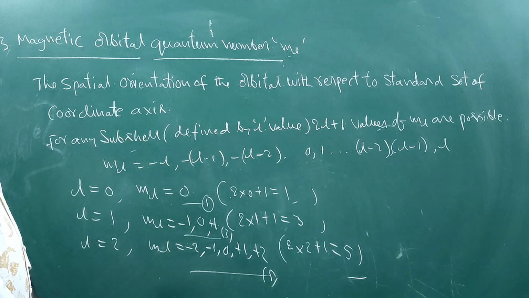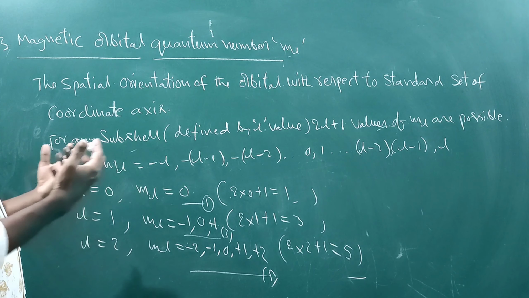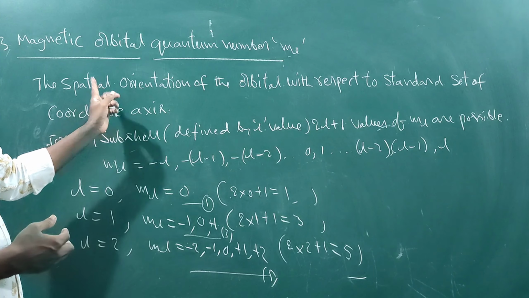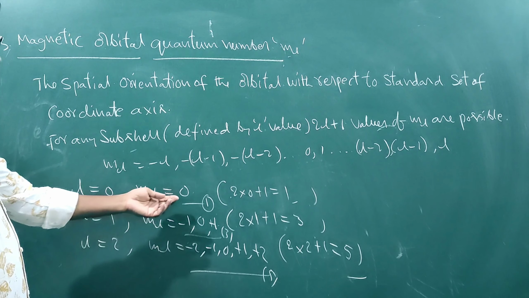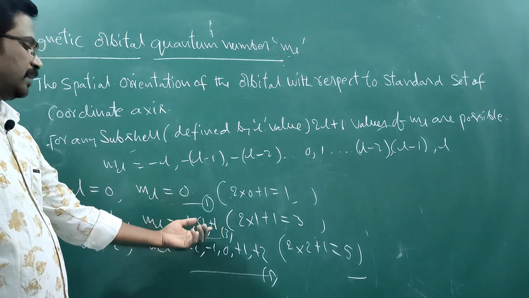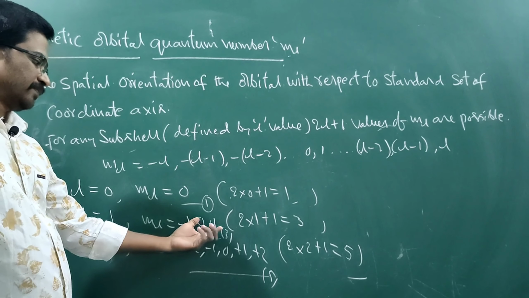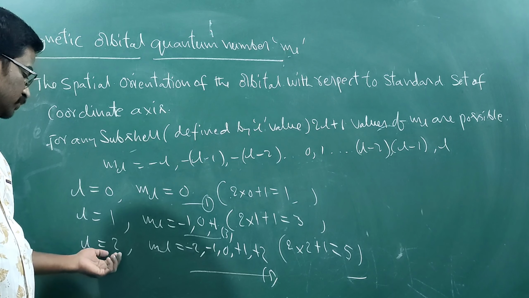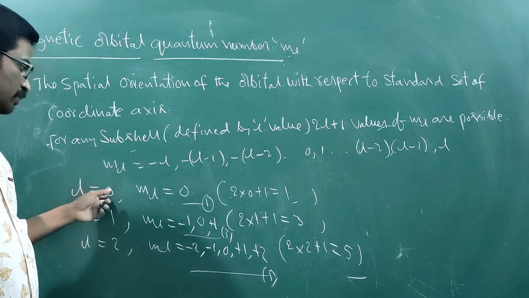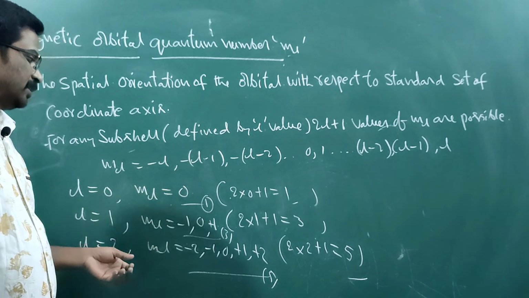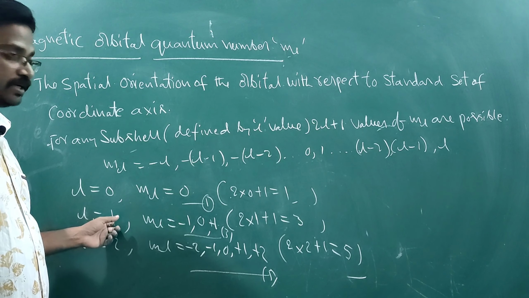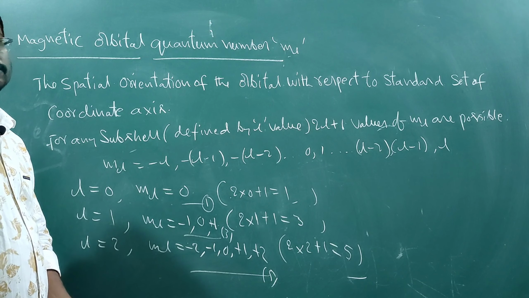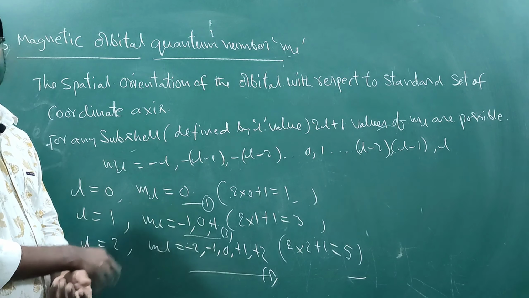ML indicates the spatial orientation of the orbitals. For the L equal to 0 subshell, only 1 orbital is possible. For the L equal to 1 subshell, 3 types of orbitals are possible, and these orbitals are in different directions.